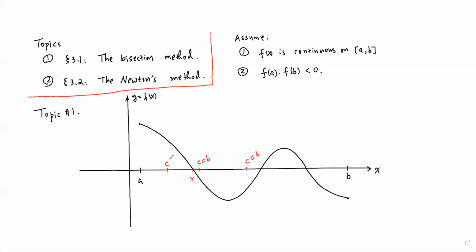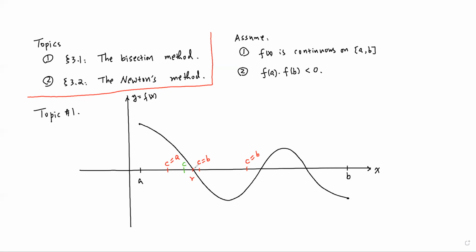Now this time I rename this midpoint as a new A. Now I have a new interval AB. Now cut the new interval in half. Pick midpoint C, then compute the function value at this point C. Then we will see the function value at A and the function value at C are both positive.